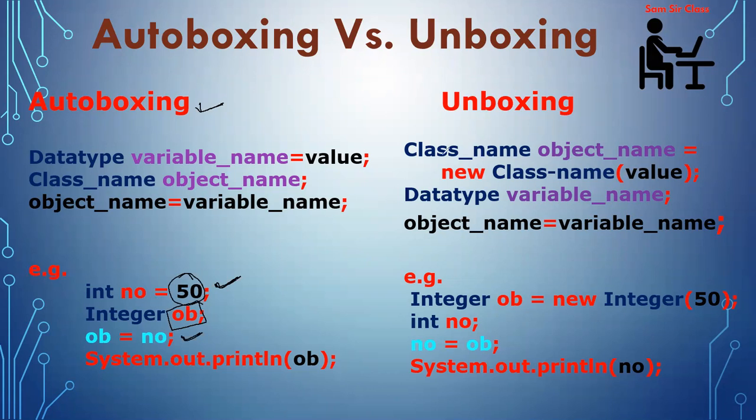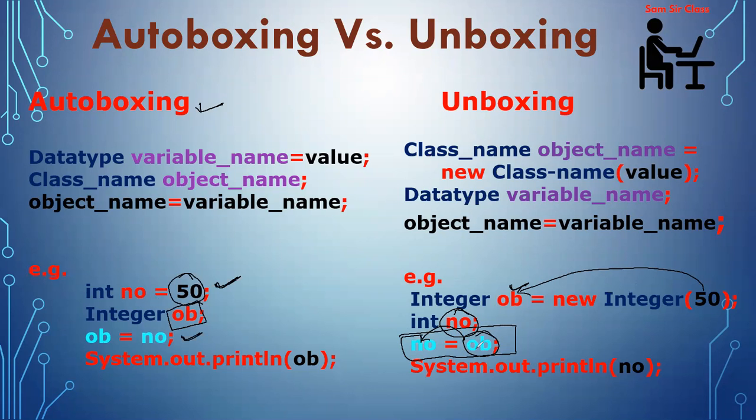Now the reverse one. Here we have created an object of the Integer class, and we have provided the value 50 to it. I want to store it into a primitive int. So I'm writing number equal to ob. What I am doing is converting the wrapper class object into its corresponding primitive data type.